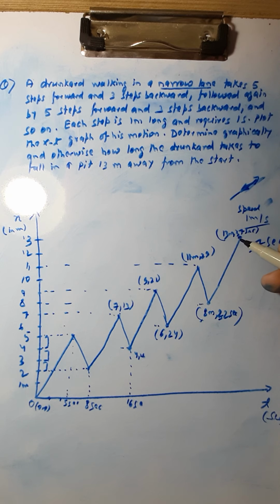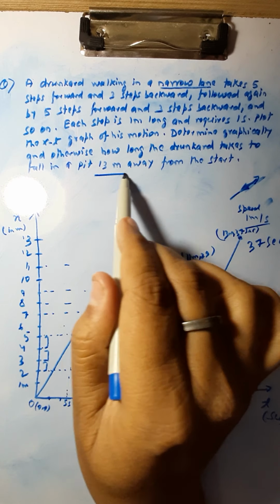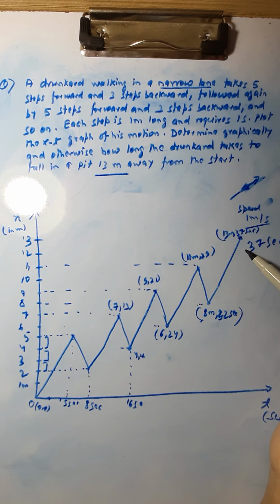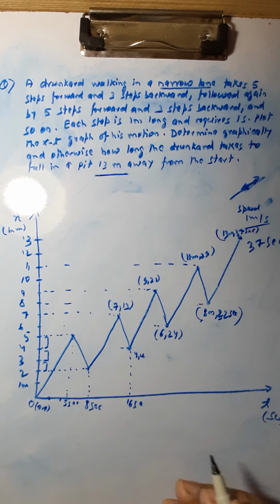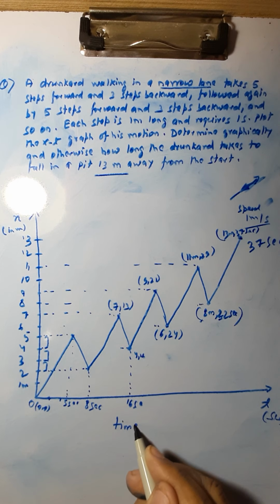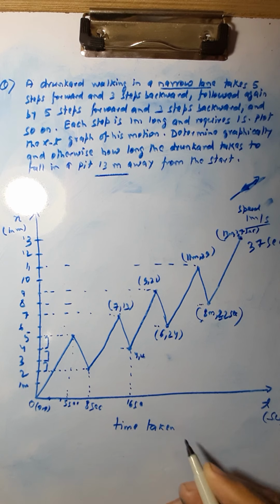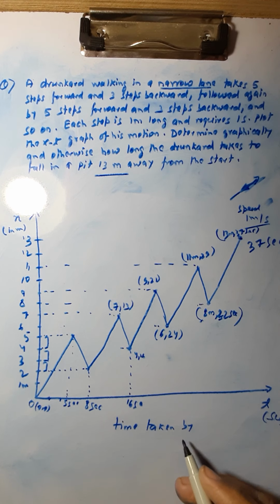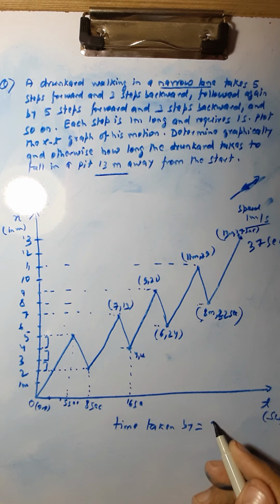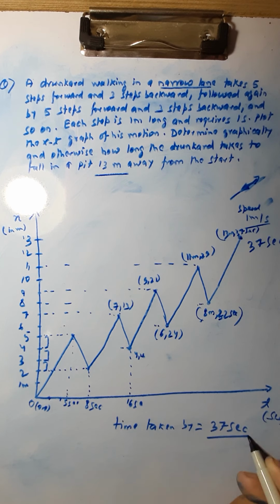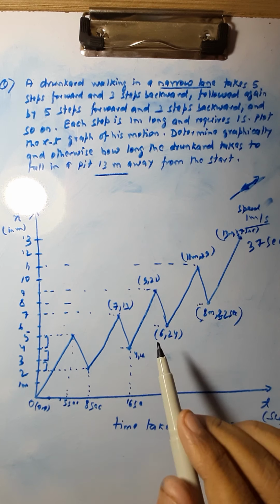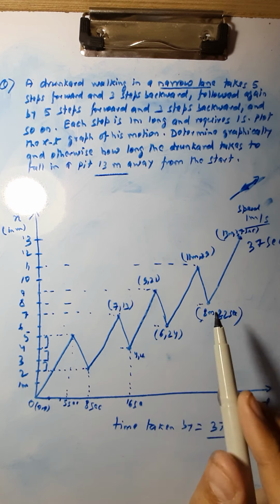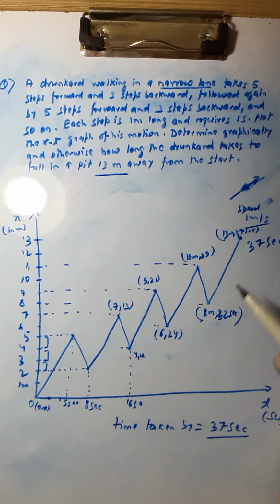But we should notice that at 13 meter there is a pit, so he will not be able to get backward, so he has fallen into the pit. The time taken by him to fall in the pit is 37 seconds. You can find this from the plot of the x-t graph.